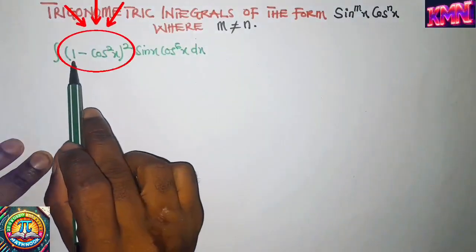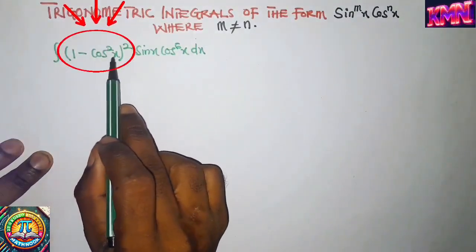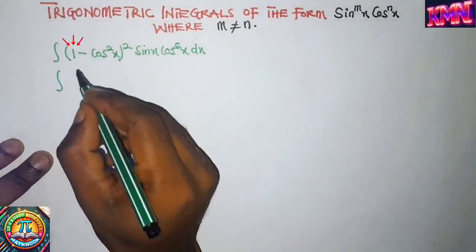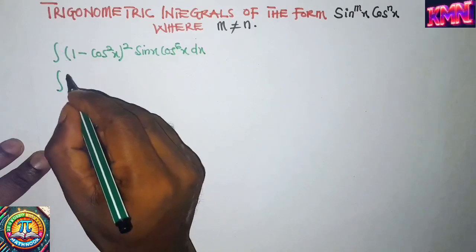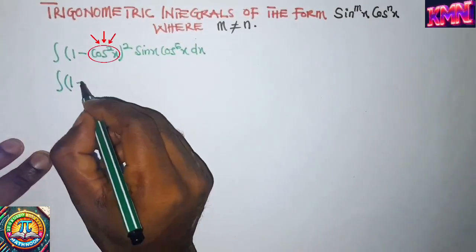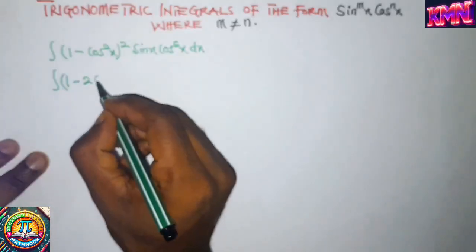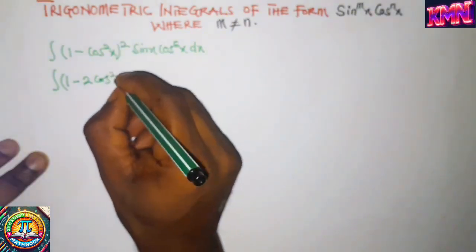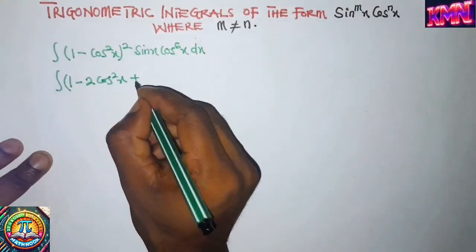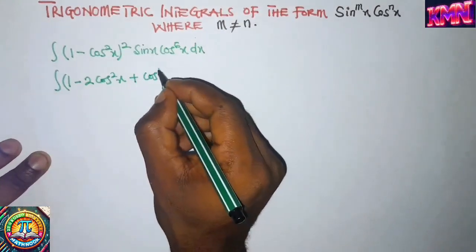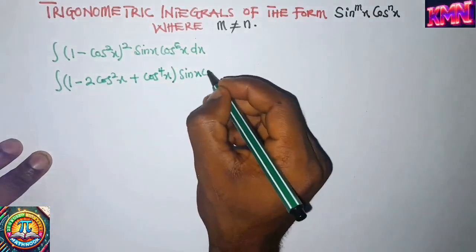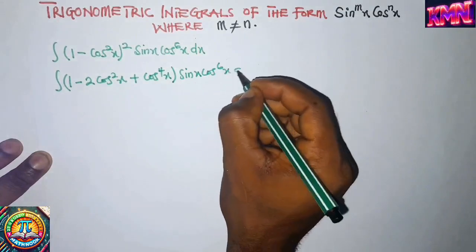So we need to expand 1 minus cosine squared x all squared, and that will give us integral of 1 squared is 1, then 1 by cosine squared x, and twice of that is 2 cosine squared x, then cosine squared x times cosine squared x will be plus cosine power 4x, multiplying sine x cosine power 6x dx.